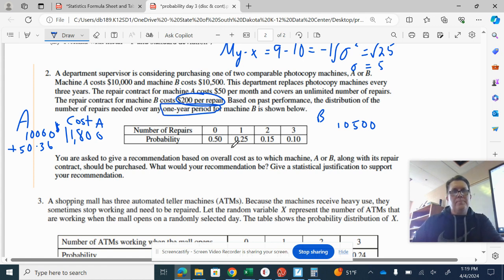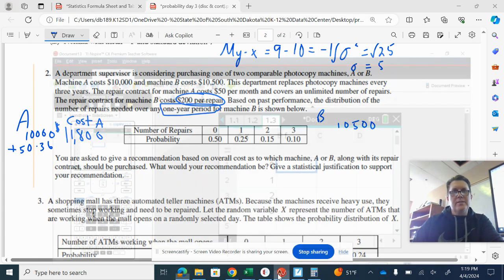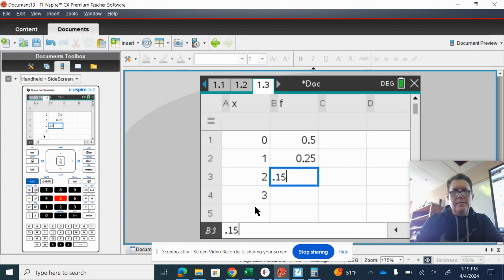So there's a 50% chance of none, 25% chance, 15% chance, and 10% chance.